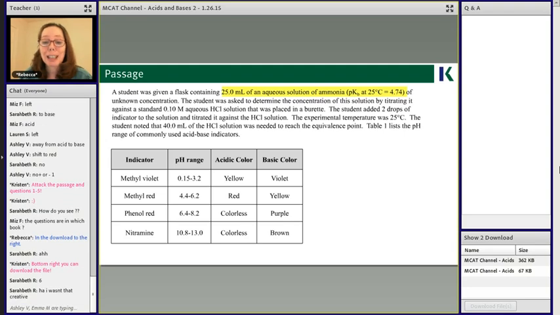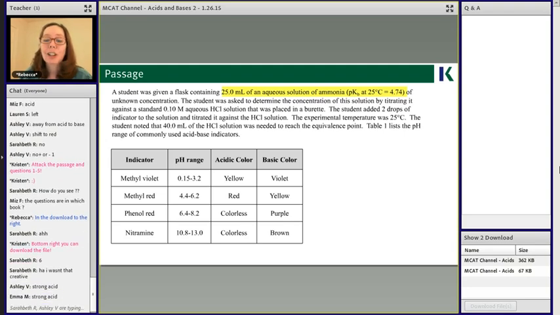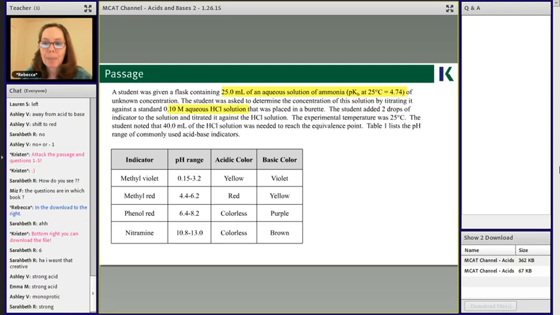What's important about this solution? A strong acid. Excellent. That was placed in a burette. The student added 2 drops of indicator to the solution and titrated it against the HCl. Experimental temperature was 25 degrees C. We like that. The student noticed that 40 milliliters of the HCl solution was needed to reach the equivalence point, and then table 1 shows the pH ranges.